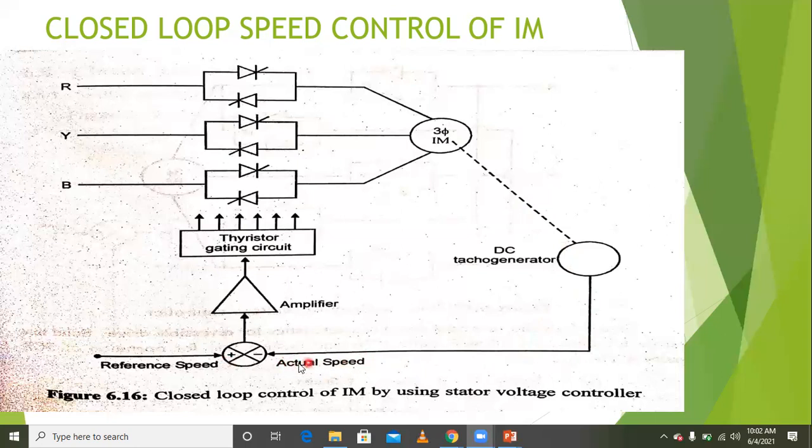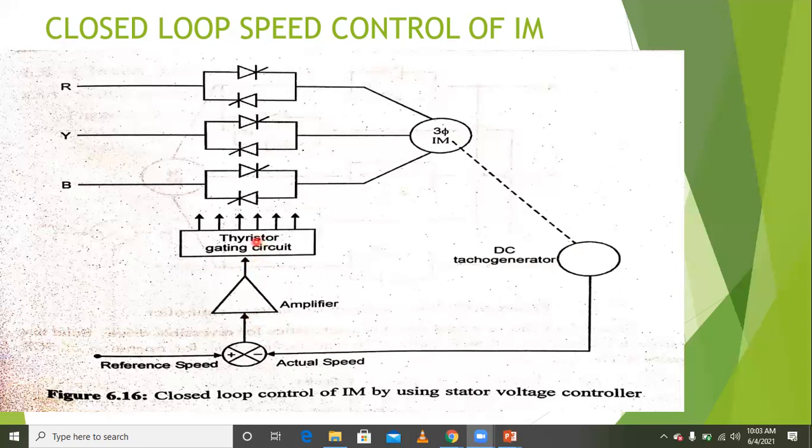It is compared with the reference speed, which is called the reference voltage. The difference between the reference voltage and the actual voltage is the error signal voltage, which is fed to the amplifier. The amplifier amplifies this input signal and gives it to the thyristor gating circuit.